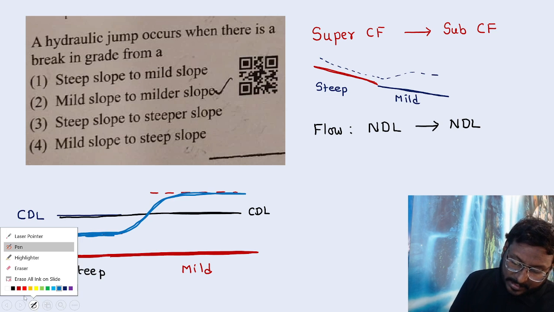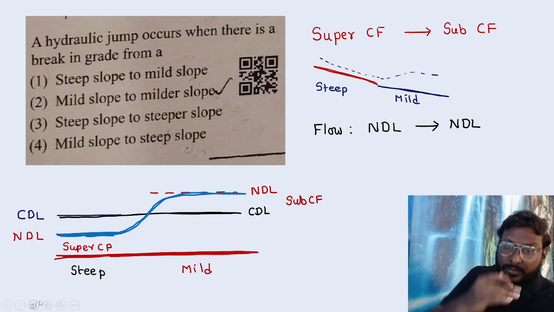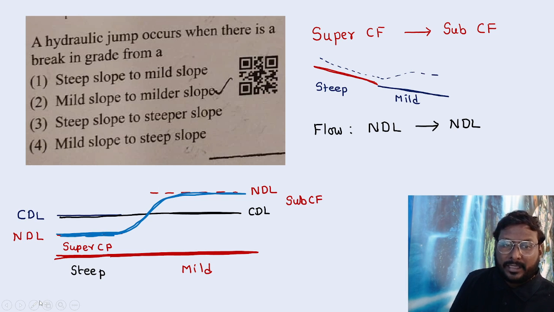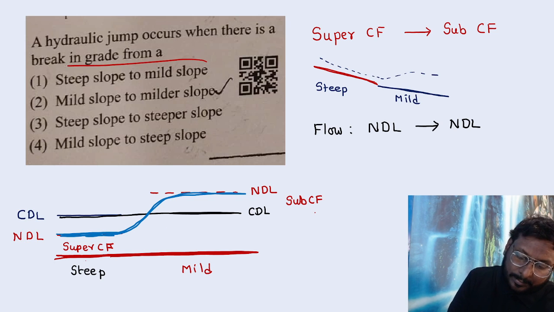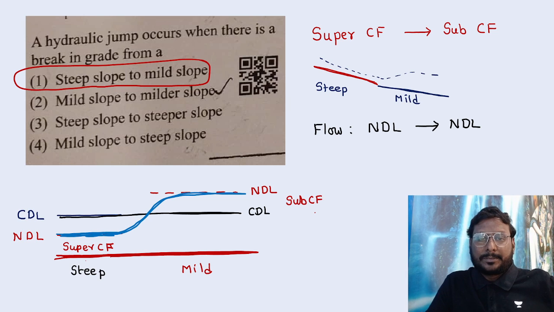The first normal depth line: CDL below NDL, this is supercritical flow. Second normal depth line: NDL above CDL, this is subcritical flow. Flow travels from NDL to NDL, so from supercritical flow to subcritical flow hydraulic jump occurs. Steep slope to mild slope.